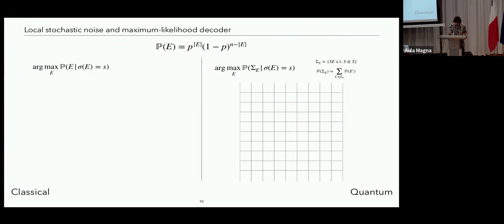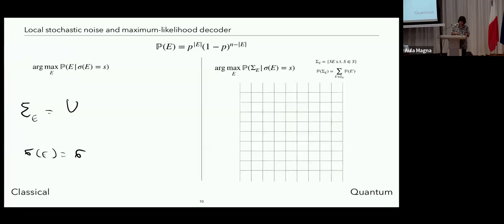And we know that we have a big class of errors, sigma E, such that it has the same syndrome. So in the quantum setting, I have all errors. I take one error that has syndrome sigma.